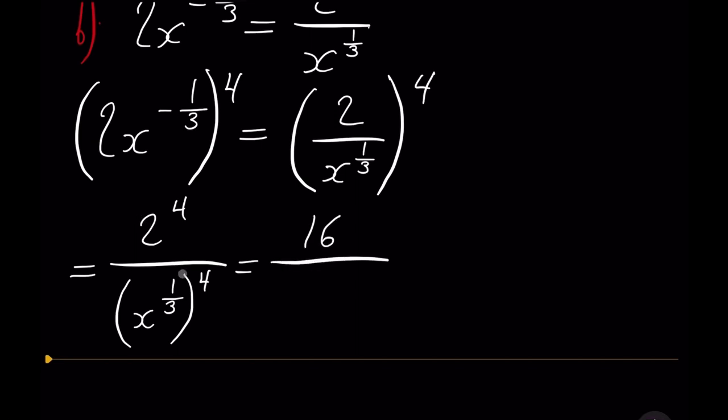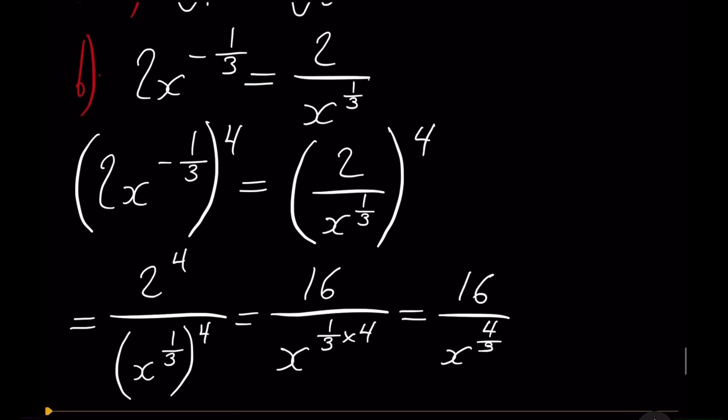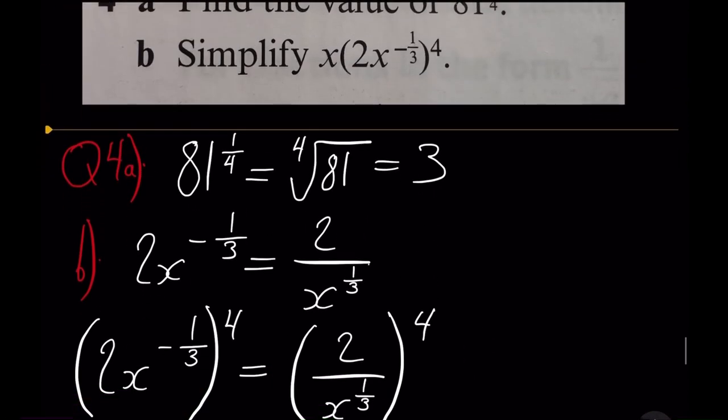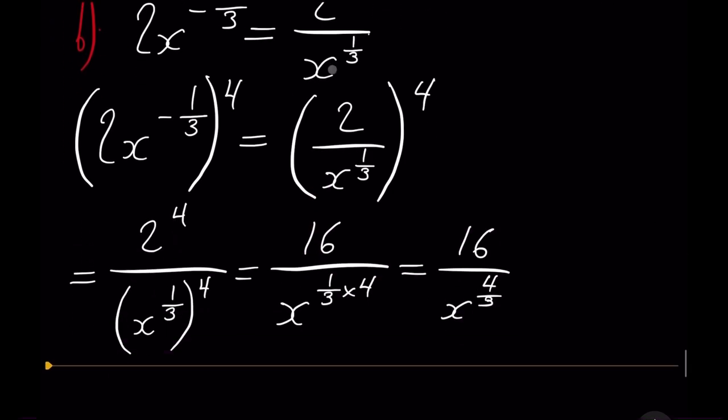And then we simplify this expression using one of the index laws, and we get x raised to the power 1/3 times 4. And this gives us 16 over x raised to the power 4/3. But we're not done yet because we have this x here. So we have to multiply this expression by x.